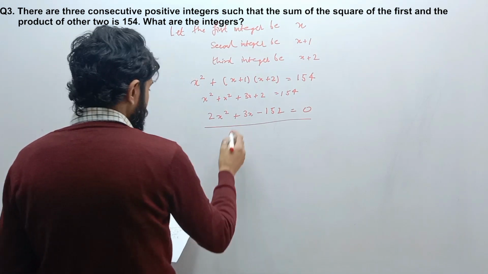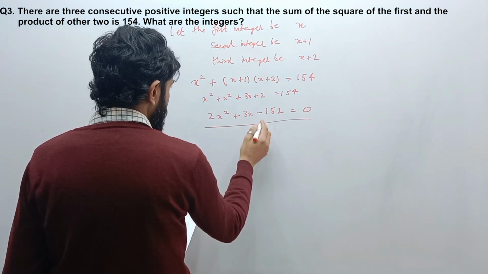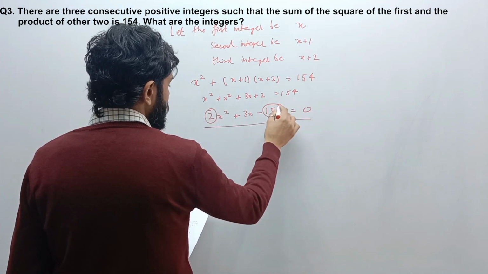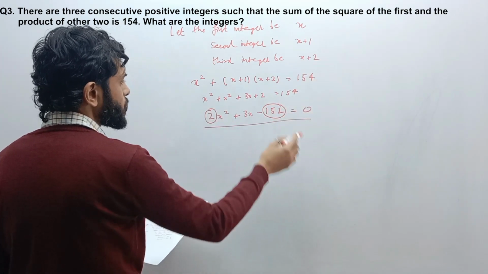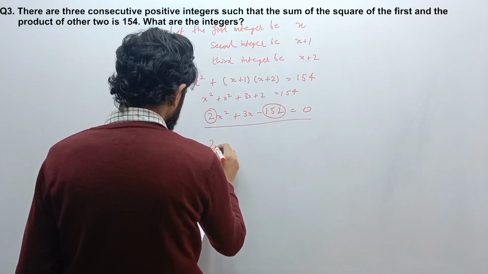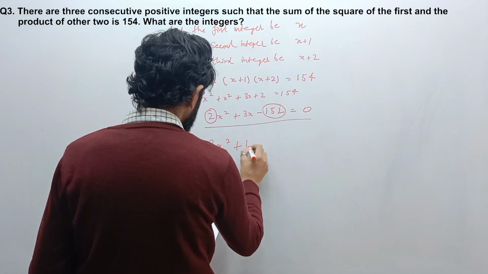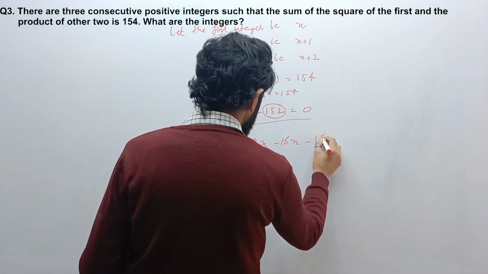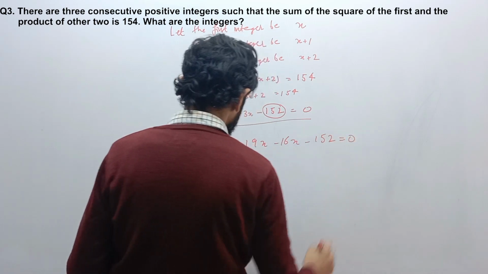So if you split the middle term, again you have to take these two numbers, multiply them and take out their factors to get the number as 3. So on splitting the middle term, I get 2x square plus 19x minus 16x minus 152 is equal to 0.